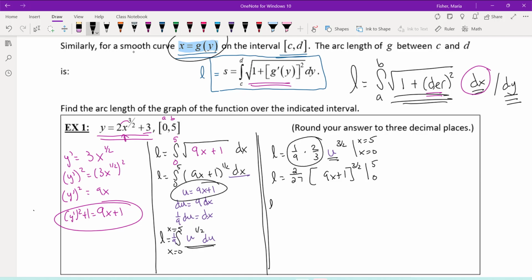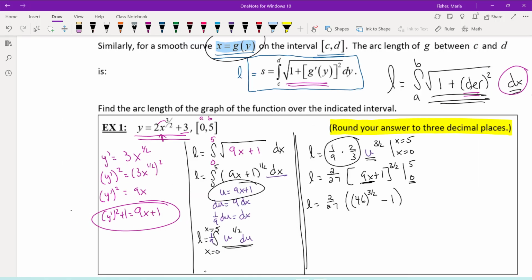Plugging in those limits of integration, 2 over 27, and then if I plug in a 5, 9 times 5 is 45 plus 1 is 46, so I have 46 to the 3 halves, minus, and if I plug in a 0, 9 times 0 is 0 plus 1 is 1, and 1 to the 3 halves is just going to be a 1.